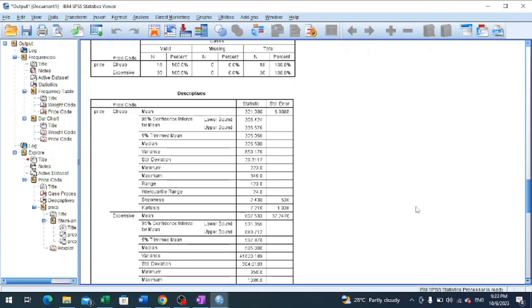Here you can see that kurtosis has a positive and relatively very high value, 7.216, away from 0. So this is how we interpret: the kurtosis value of 7.216 indicates that the price of cheap diamonds follows leptokurtic behavior. So this is how we do it.